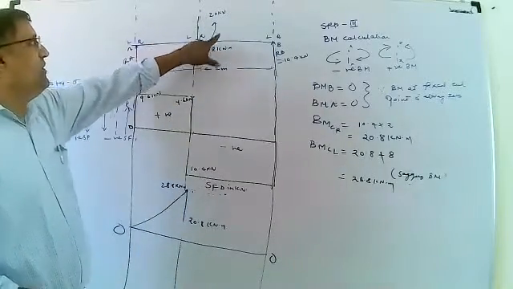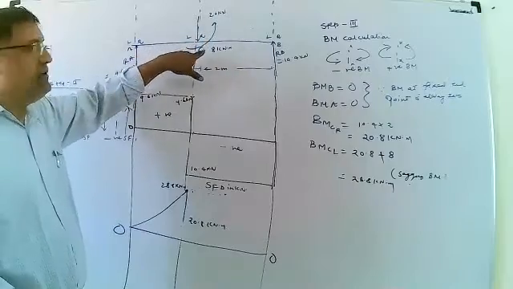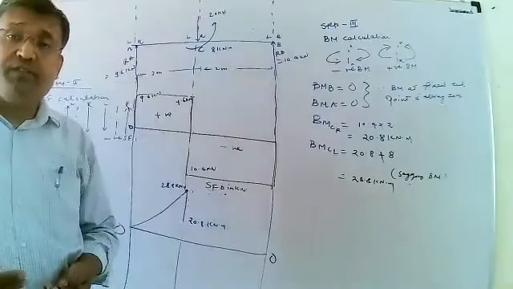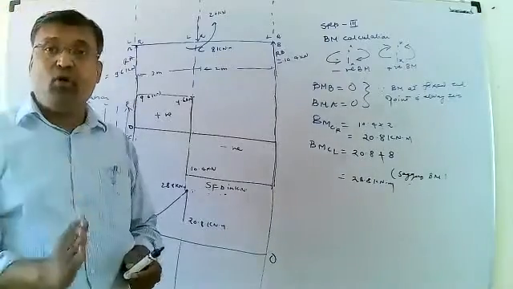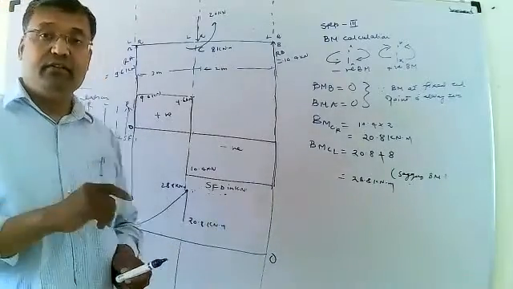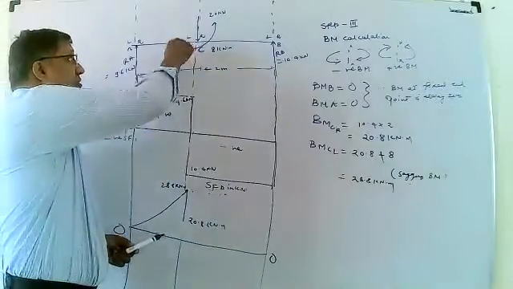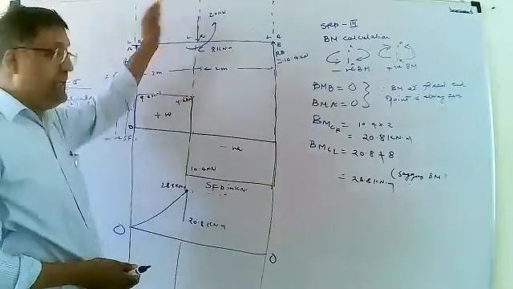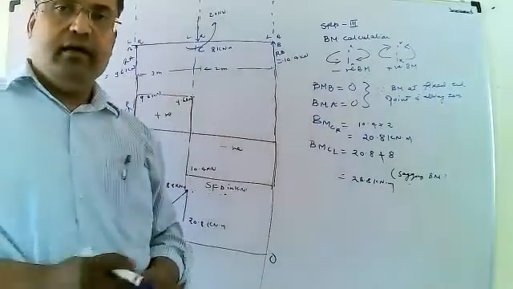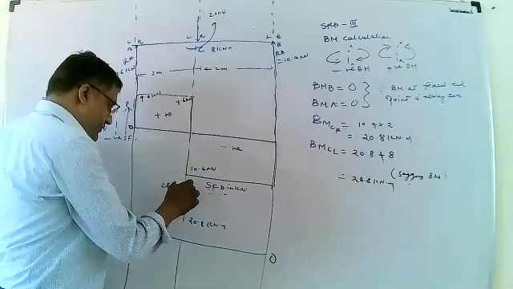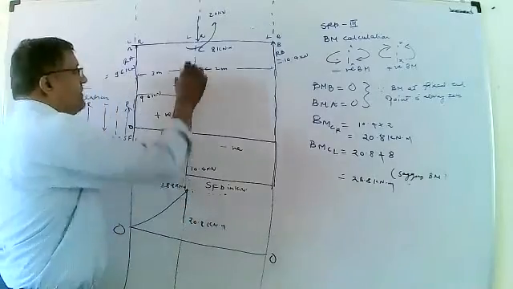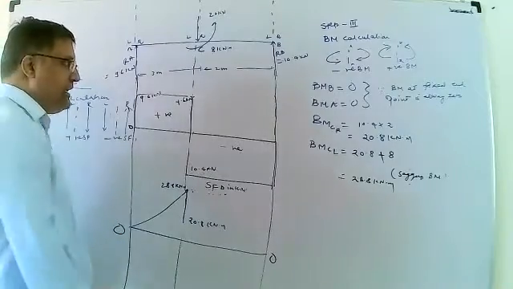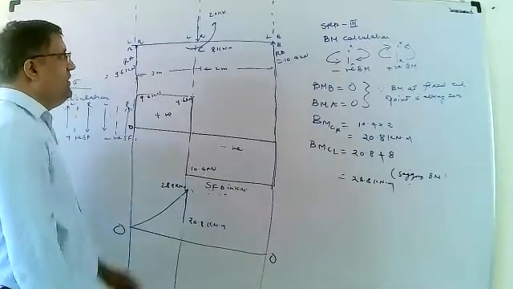In between is a moment, if you see here, that is anti-clockwise 8 kilonewton meter. Anti-clockwise means that line will be dropped, and if the moment is clockwise, what will happen? It will rise. Okay. Then it will drop. Then the value at the right side is 20.8.